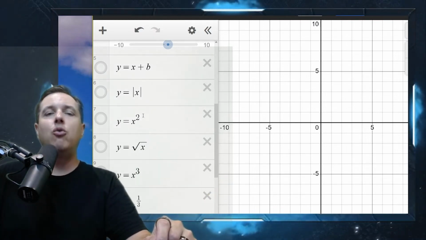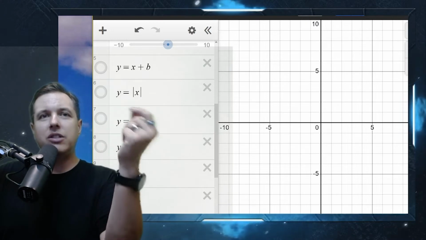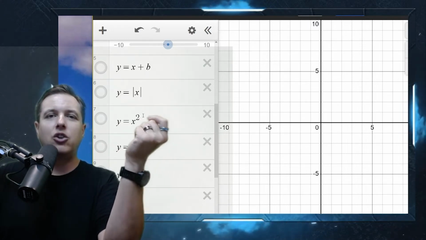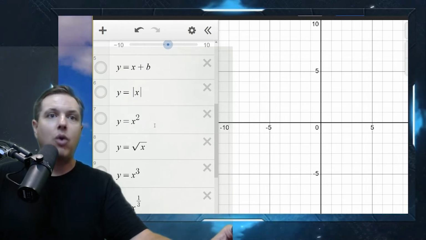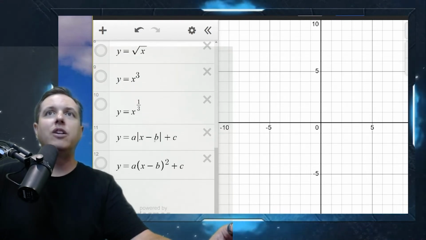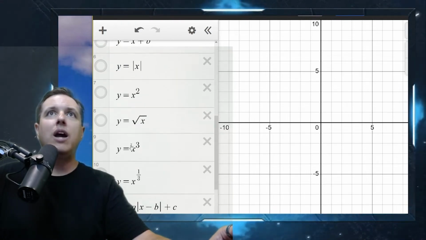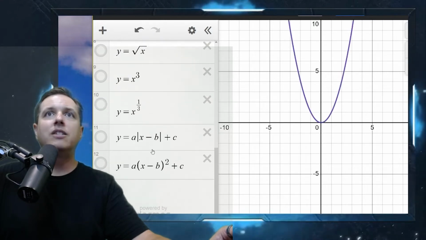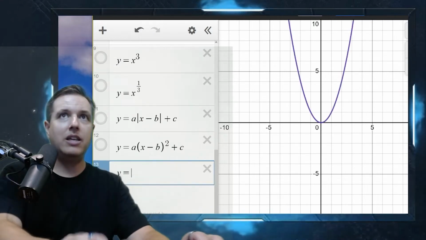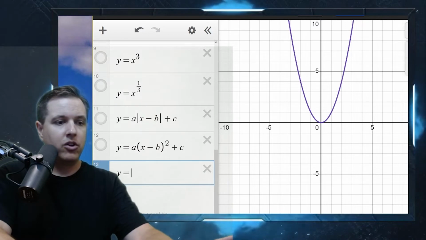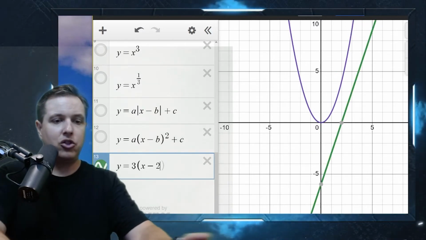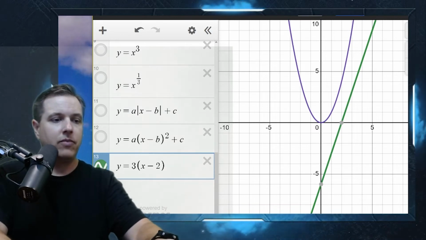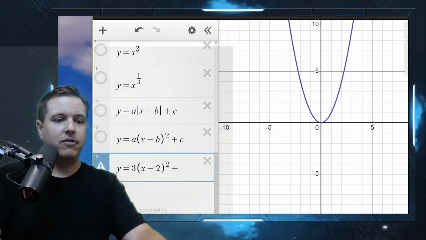But how do we go, you know, most of the time that you run across a function, it's not going to look just like one of these basic representatives, like an x squared. It's going to look a little bit different. So how do we get from y equals x squared to say something that looks like y equals 3 times (x minus 2) squared plus 5.